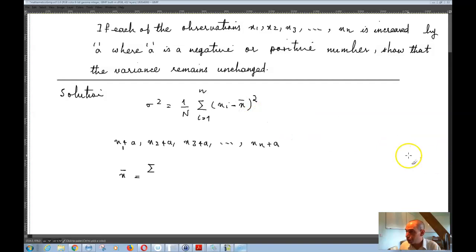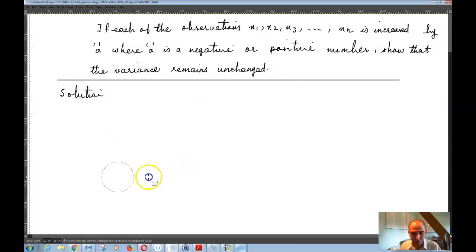So let me write it properly from the very beginning.